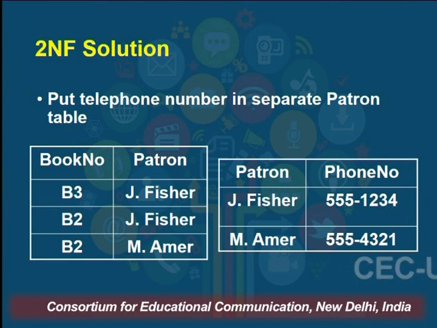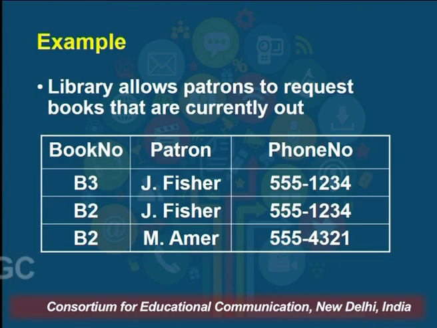So, let us recap this problem once again. Here, if we want to update the phone number of J Fisher, it has to be updated twice. If J Fisher has got both the books B2 and B3, the whole record of J Fisher is removed, because this is the table which lists the books that are currently requested.